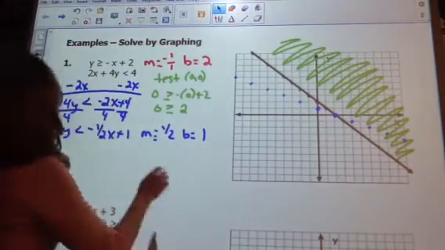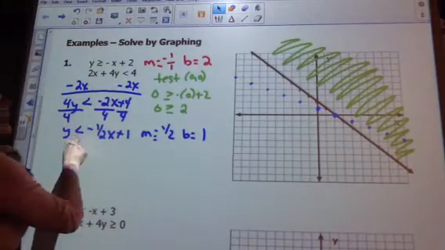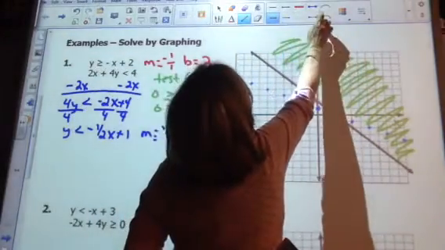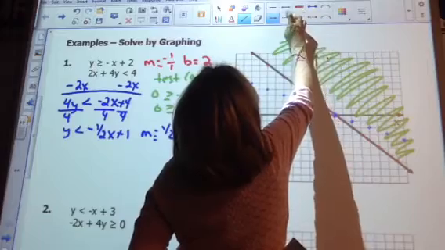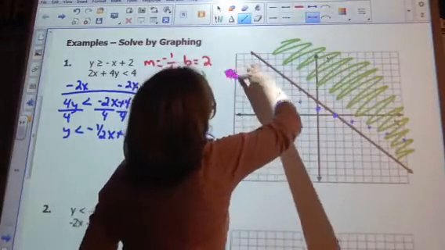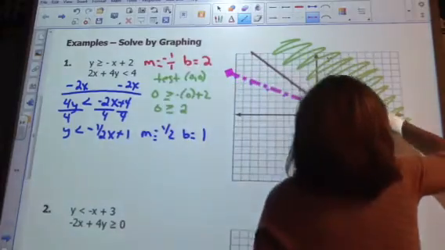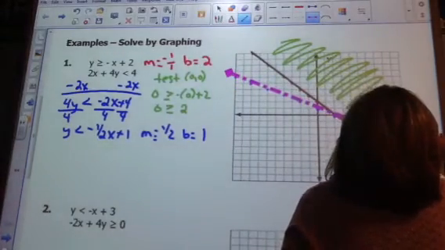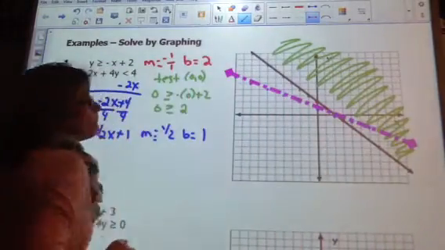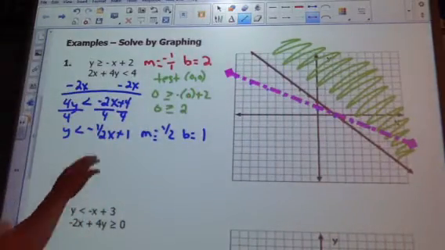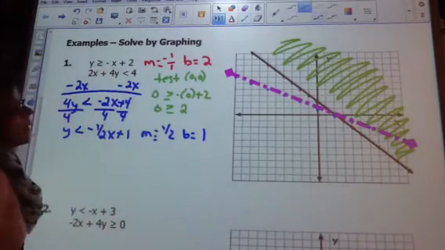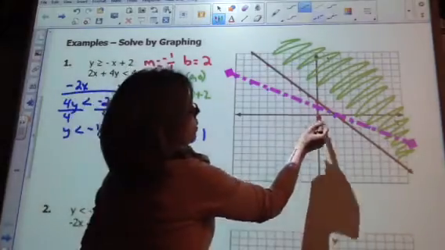When I graph this line, it is less than, so we need to use a dotted line. Let's use a different color here. Now we've got to test this one and see where our solution set is. So let's test it in red. It looks like we can test the origin again.